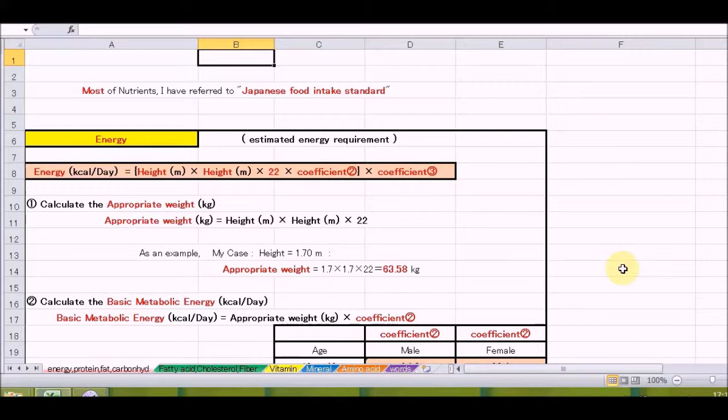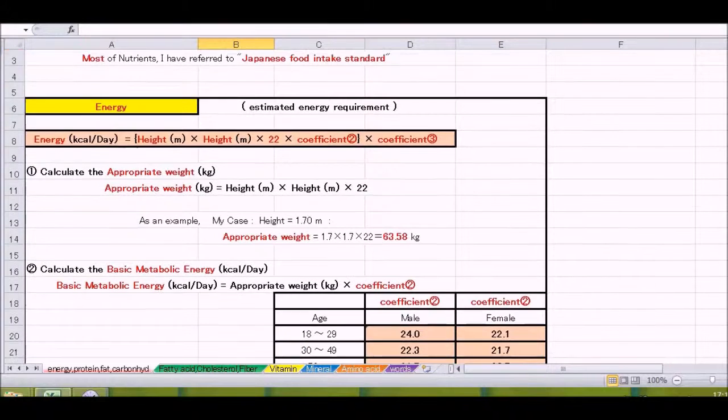For example, in my case height is 1.7 meter, and so my appropriate weight is 1.7 multiplied by 1.7 multiplied by 22 is equal to 63.58 kilogram.